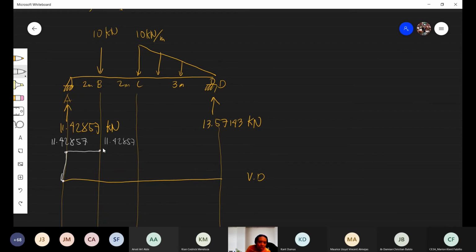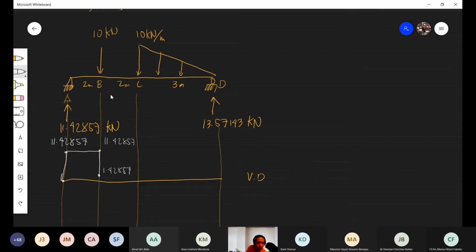But since there is again a point load of 10 kilonewton downward, 11.42857 minus 10 becomes 1.42857. These are all in kilonewton.